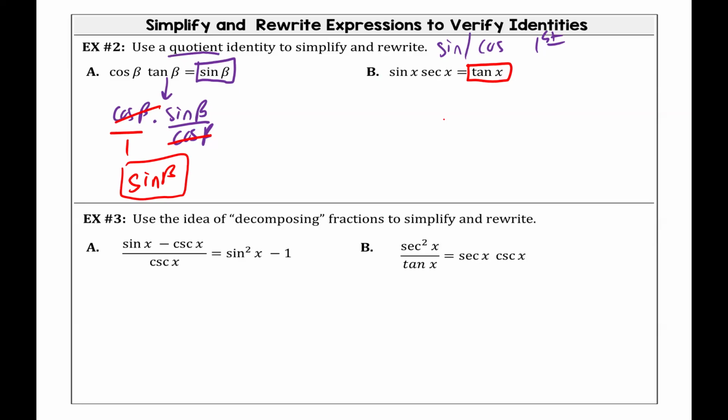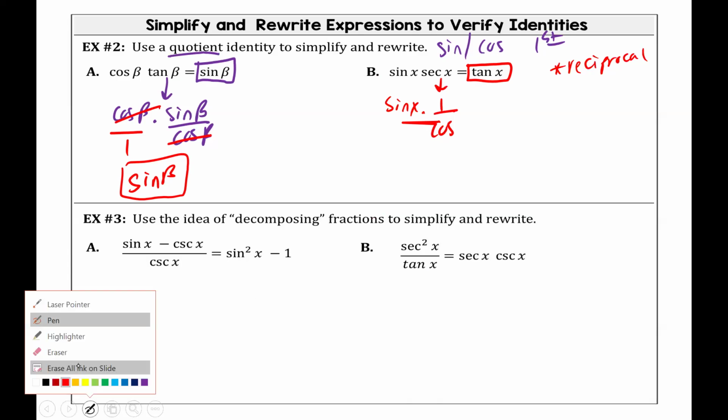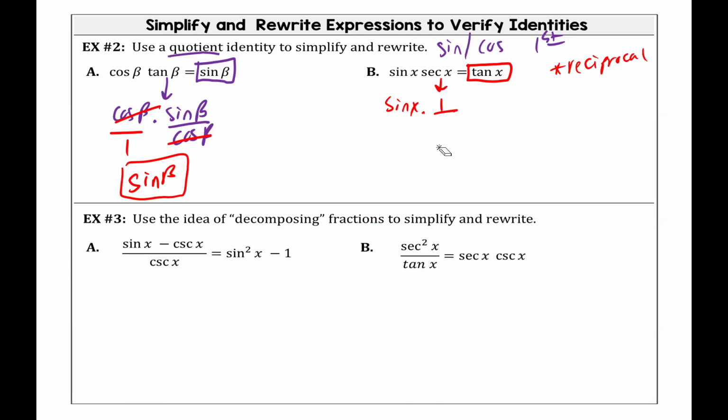All right, which identity could you use to put this in terms of sine and cosine? Secant x is 1 over cosine. So using our reciprocal identity, we can write this as sine x times, secant x becomes 1 over cosine x.